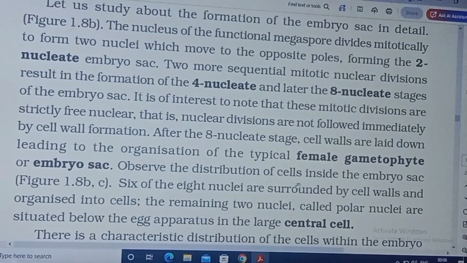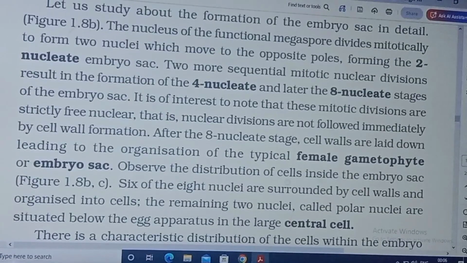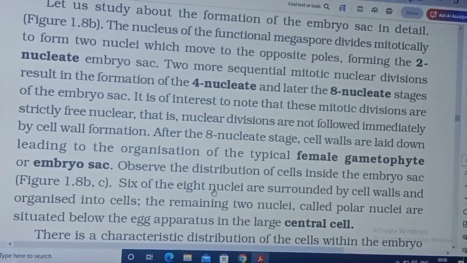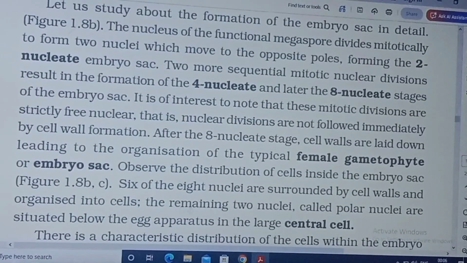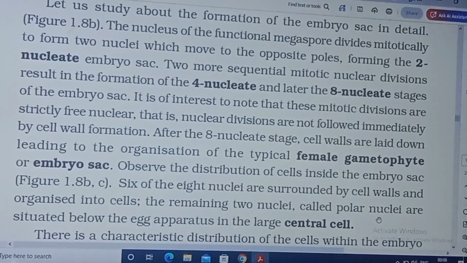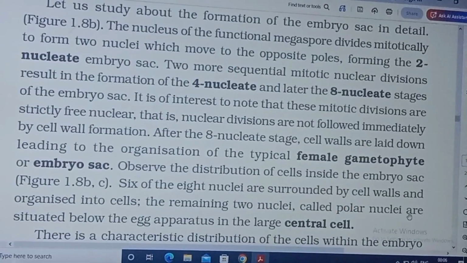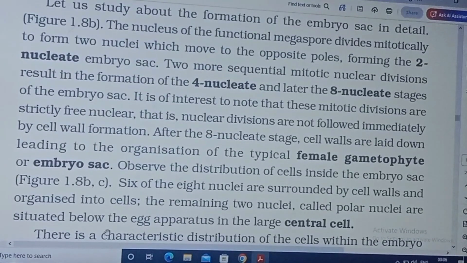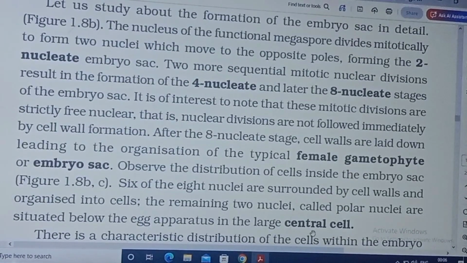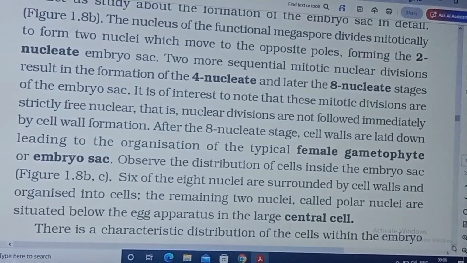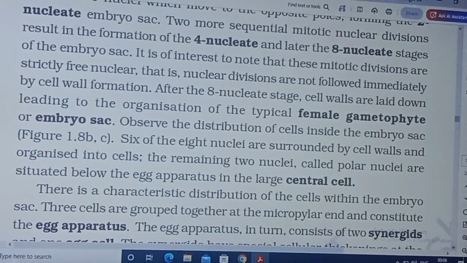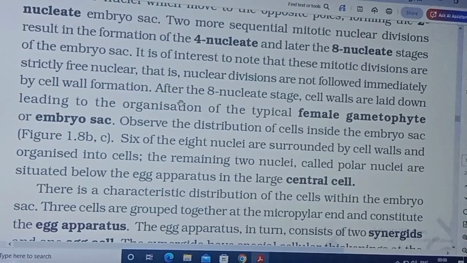Observe the distribution of the cells inside the embryo sac. Six of the eight nuclei are surrounded by cell wall and organized into cells. The remaining two nuclei, called the polar nuclei, are situated below the egg apparatus in the large central cell. This is a very important line. You can learn that after the eight nucleate stage forms, cell walls are formed.